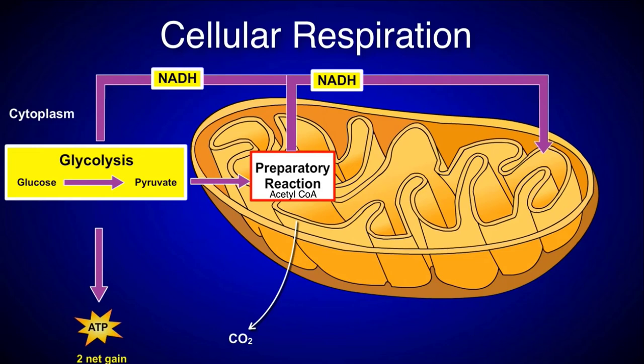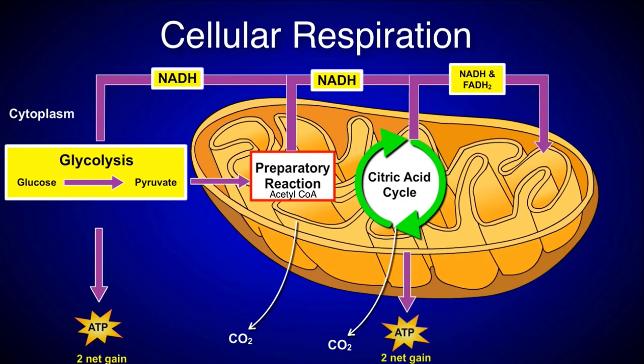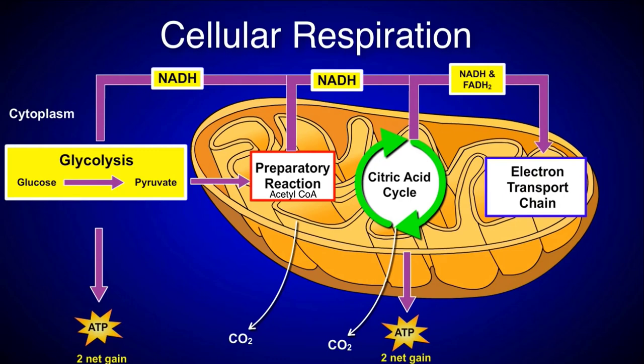In stage 3, the citric acid cycle, the remaining carbons from the initial glucose are oxidized, releasing carbon dioxide. NADH and FADH2 are also produced, in addition to 2 ATP molecules. Most ATP production occurs in stage 4, the electron transport chain, or ETC. In this stage, the NADH and FADH2 from the previous stages give up electrons to the chain.